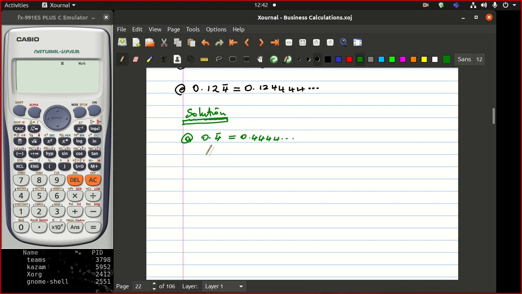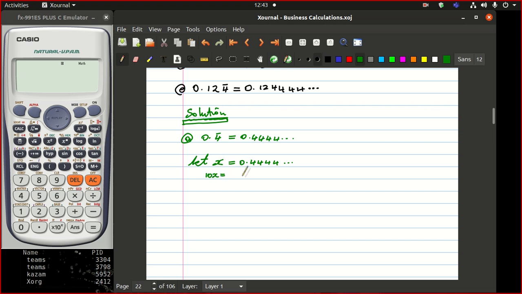So to convert this, the first thing that you do is let your x equal to 0.4444, and then you place your dots there to say that you are continuing in that particular fashion. And then the second thing that you need to do, you want to multiply this x by 10 first and see what you're having.